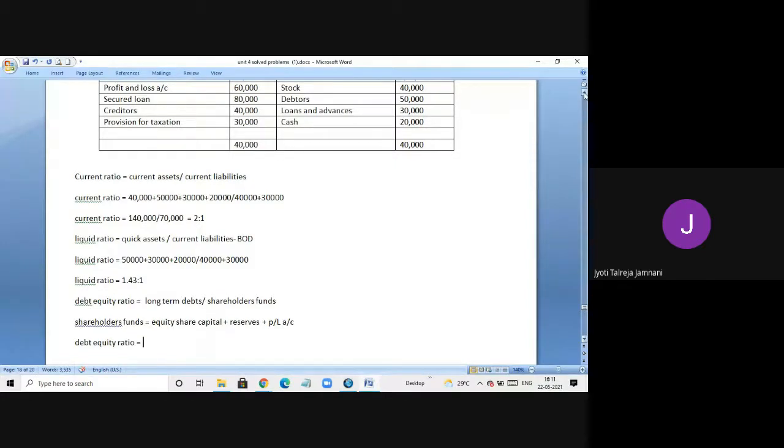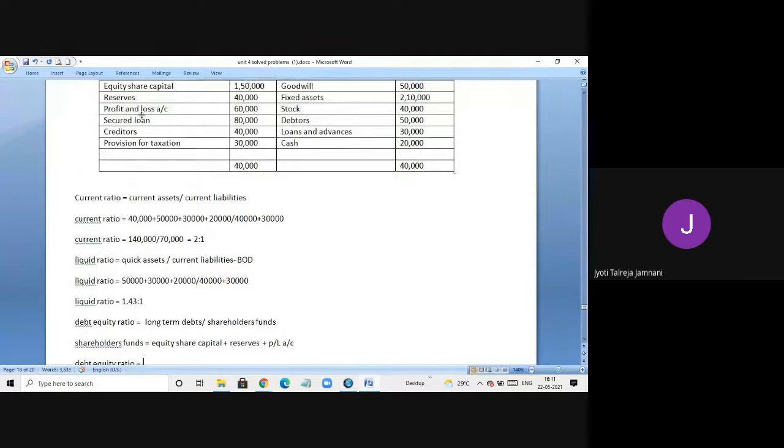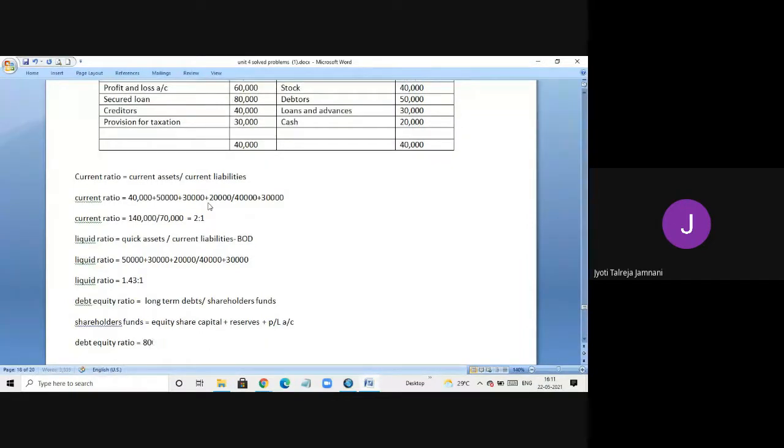Now in the question, if you see, there's only one long-term debt, that is secured loans. Debt means loan. So either you borrow from public through debentures or you take bank loans. So long term there is only one, that is 80,000 secured loans. So we'll do 80,000 divided by shareholders funds.